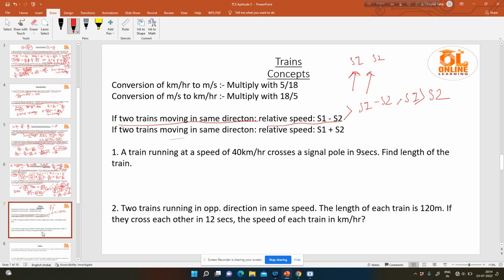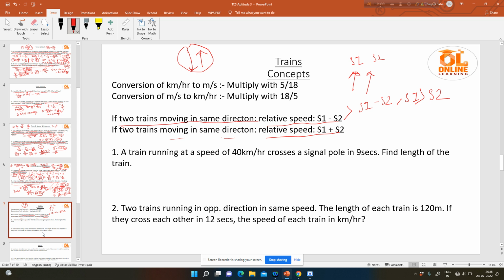And if two trains are moving in different directions, the first train moving here and the second train moving there, both the speeds get added because they are moving in opposite directions, so their relative speed is s1 plus s2. You will come to know more about this when we solve the questions. So let us see the question.